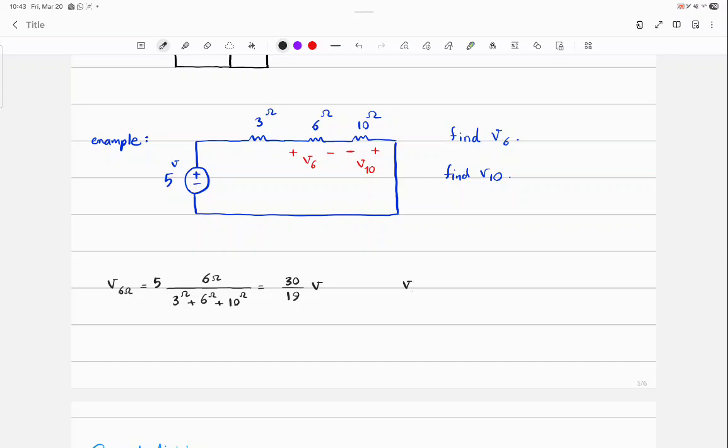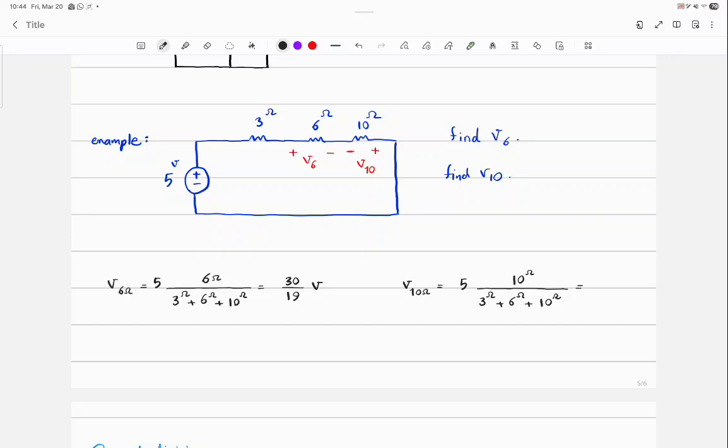What is V10? 5 times, what's the numerator? 10 ohms. And the denominator is, again, 3 ohms plus 6 ohms plus 10 ohms.